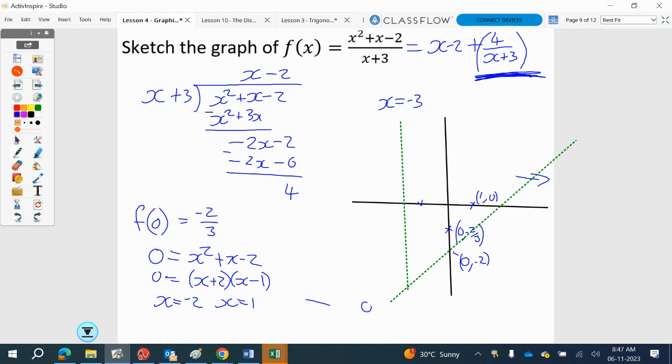This line here is the line y equals x minus 2. That's how we get this shape. Because what's happening to the function is it has to go through these points and it has to approach that line there.